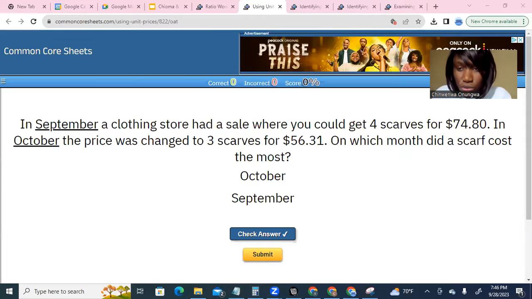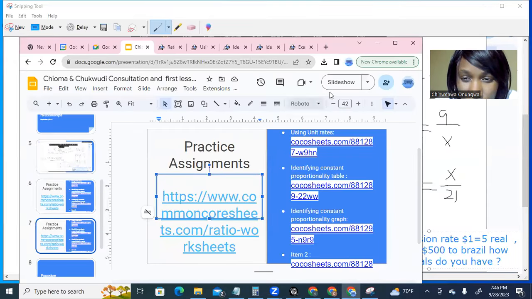Okay, so I'm gonna do some examples for proportional relationships that go along with my lesson on proportional relationships. So we're doing this practice, and the first worksheet is using unit rates.